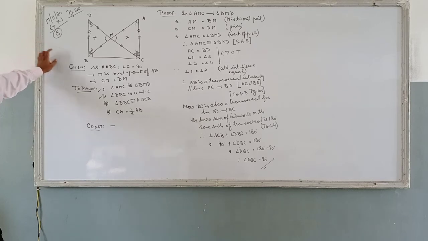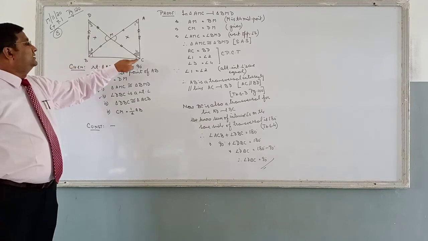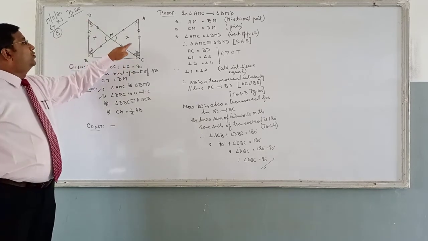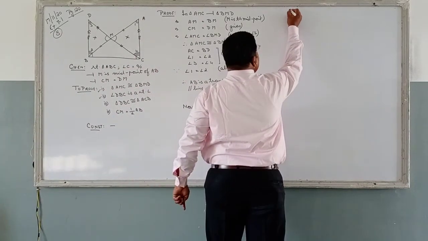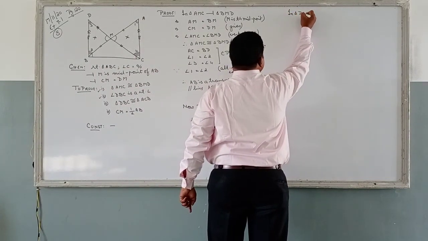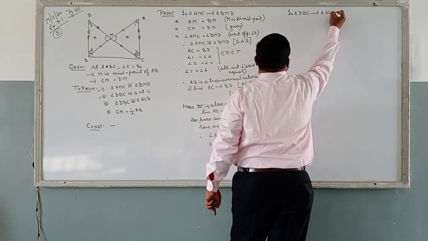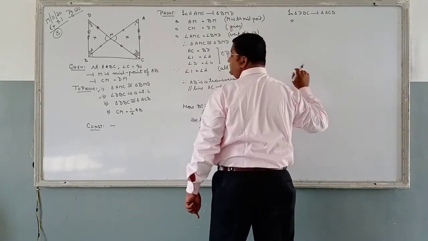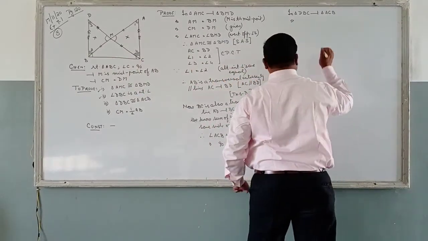Clear? Now it says prove triangle DBC congruent to ACB. In triangle DBC and triangle ACB, check. Is one angle 90-90? We have just now proved over here.